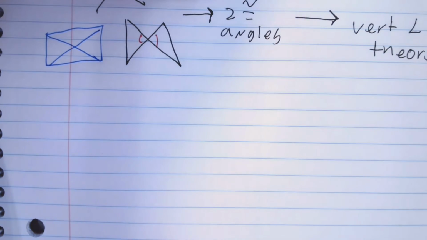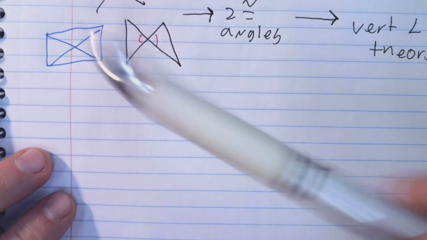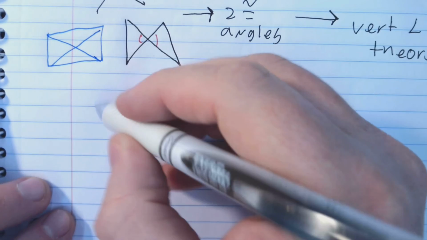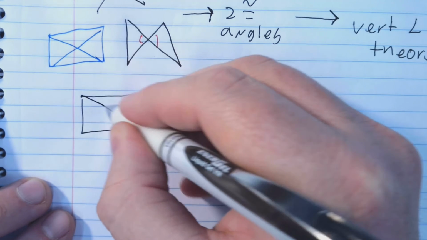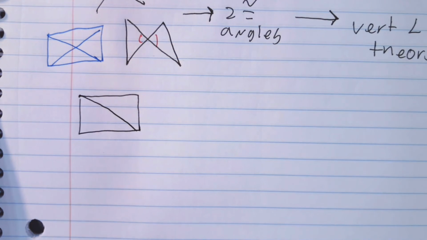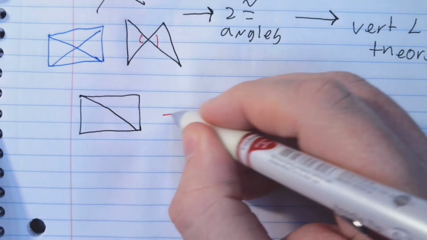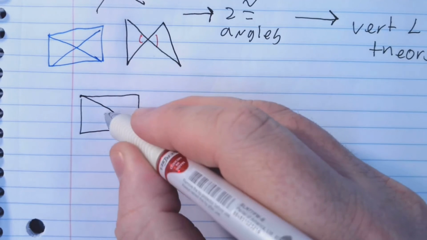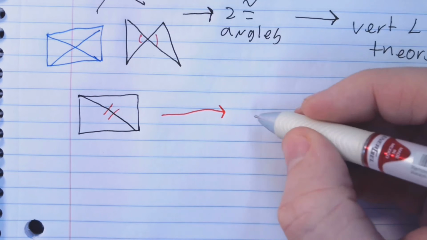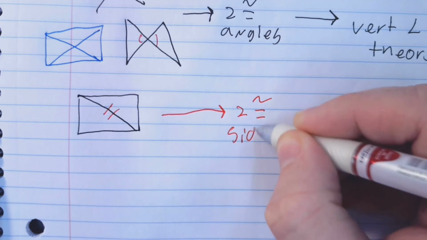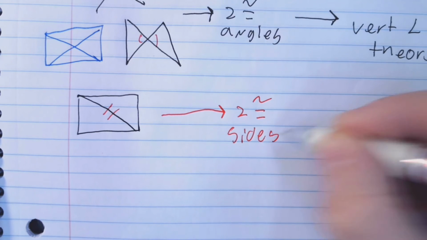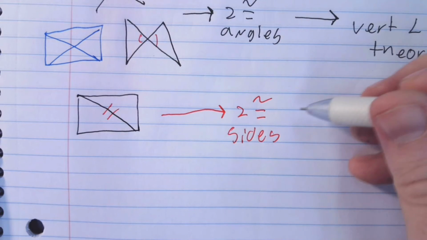Okay. All right. Let's see here. There's another shape that we're going to see commonly. If we see this shape, we're going to get two congruent sides. And we're going to use, what property is this?